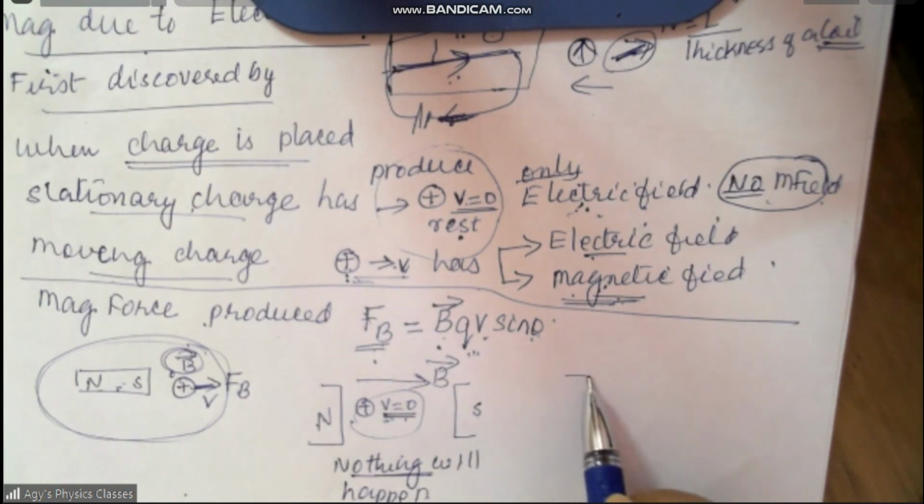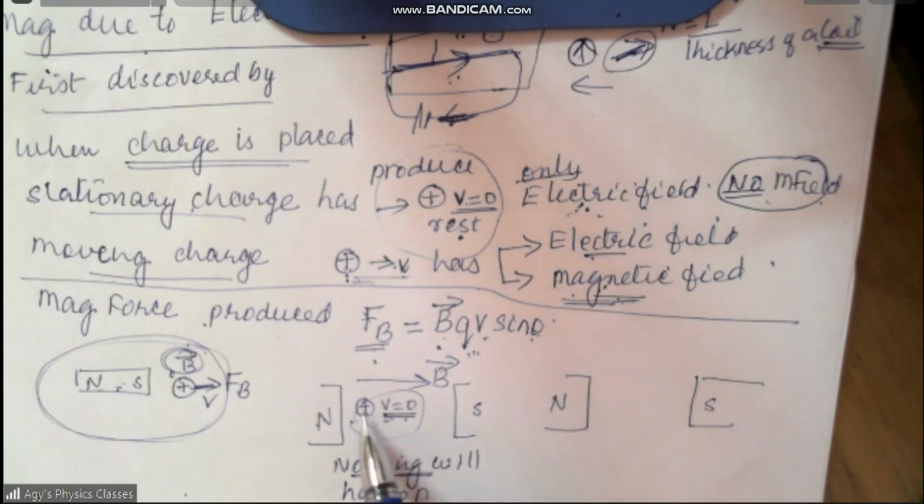Now if you have the same north and south, the same charge, but you make it moving, somehow moving to the right, so there is a velocity.